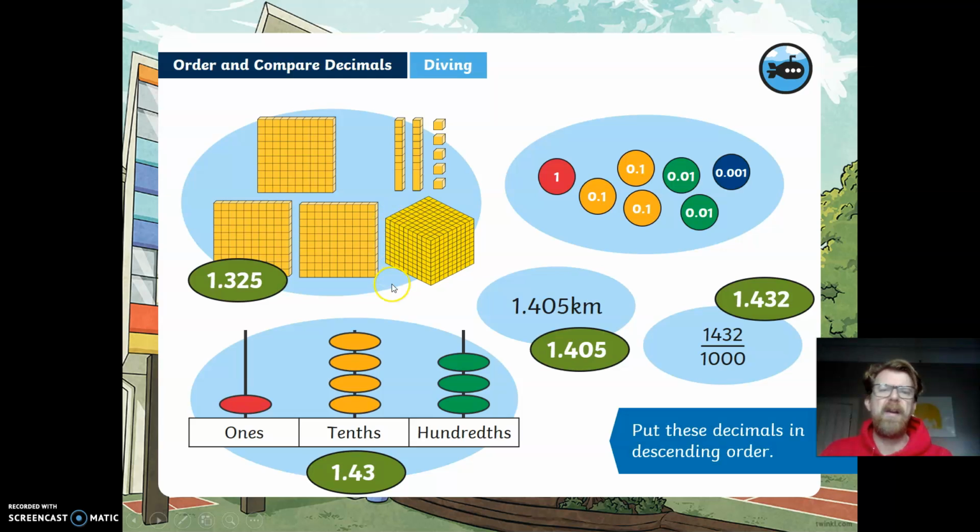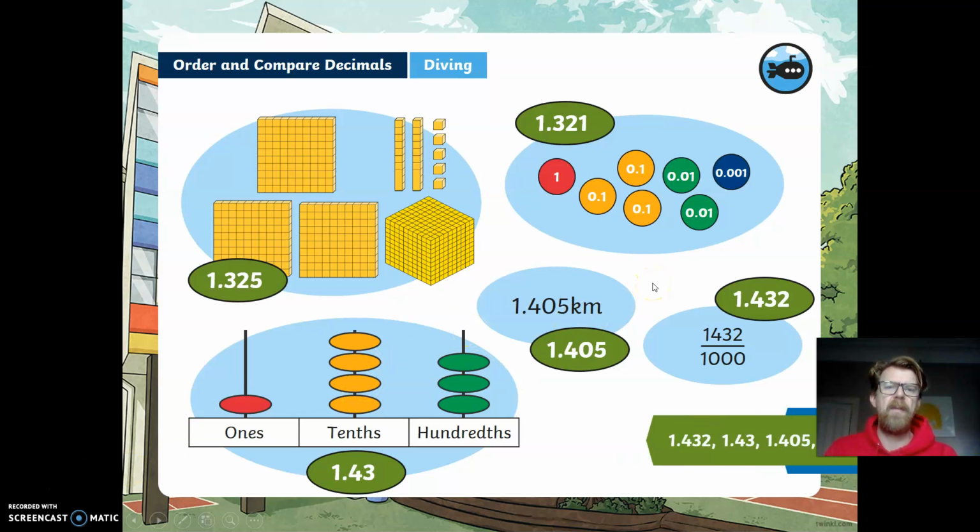I think that's probably the hardest one, just because you have to understand that that block is one whole one. And then that one is 1.321. So one whole one, 3 tenths, 2 hundredths, and 1 thousandth. So that's the sort of mathematical language that we need to be using. Okay, let's move on.